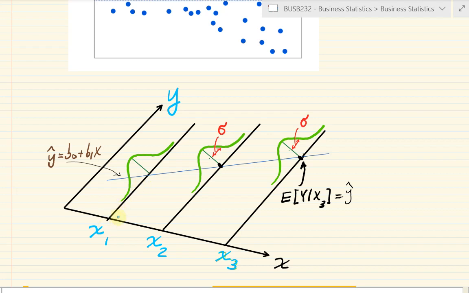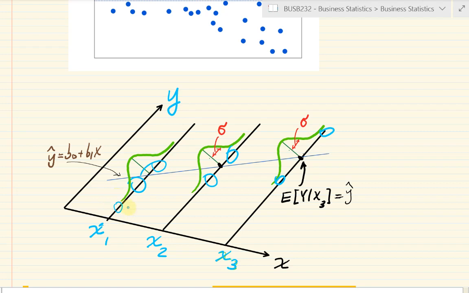At the level of x1, I may see a y here, or I may see a y here. These are random, but x is not going to change. At x2, this is what I might see. At x3, I may see this, and I may see that. So you can kind of see a scatter plot with blue circles now.